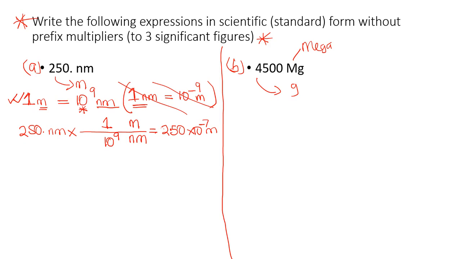For B, I'll do the same thing. I'll write my value here, but before that, I'll say 1 megagram is equal to 10 to the 6 grams.